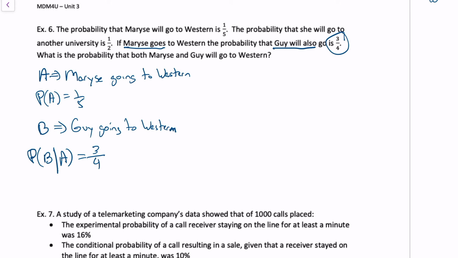So what they're asking for in this case is the probability that both will go. And what that means is the probability of A and B. So both will go to Western.